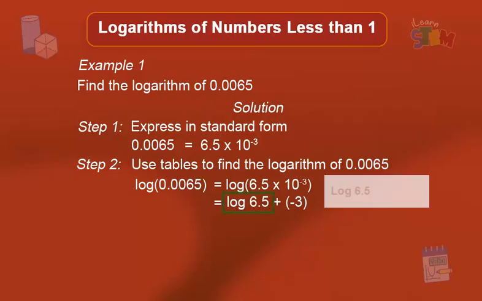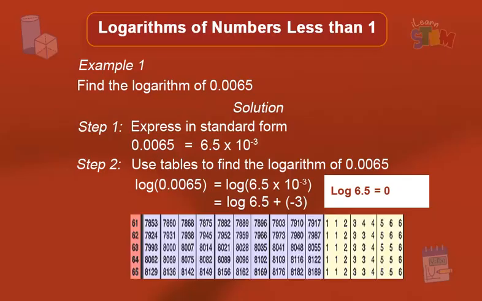Let's get the logarithm of 6.5 before we proceed. The integer 6 is between 1 and 10. So the characteristic is 0. Refer to the number digit table in lesson 1 for guidance. We will write down the characteristic and solve for the mantissa. To get the mantissa, we will check the logarithm of 65 under column 0 in the logarithm table, which is 8129. So the logarithm of 6.5 is 0.8129.